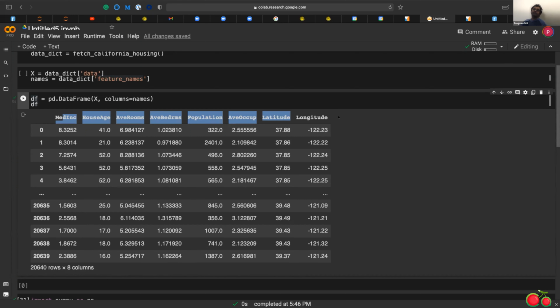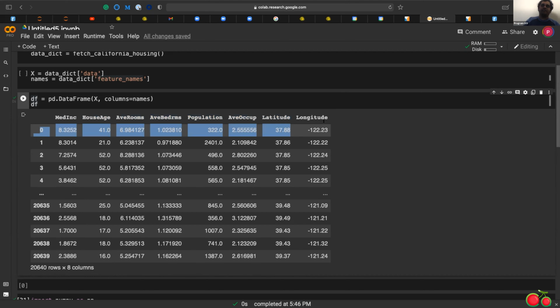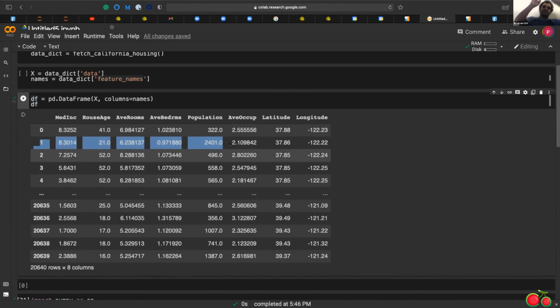And each row is like one data point. Okay, so in a 7-dimensional space, which is defined by these columns, this row is one data point. It's like one point that sits at a specific value. You have 0.2 that sits at another value, 0.3, 0.4, 0.5, like that.